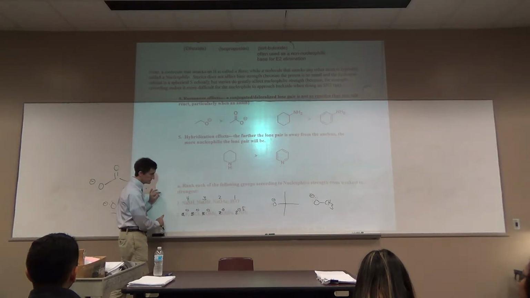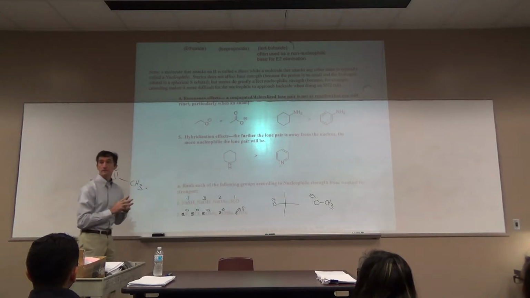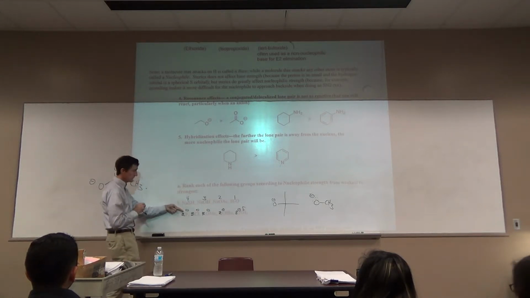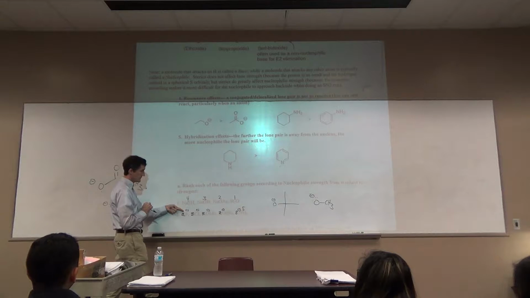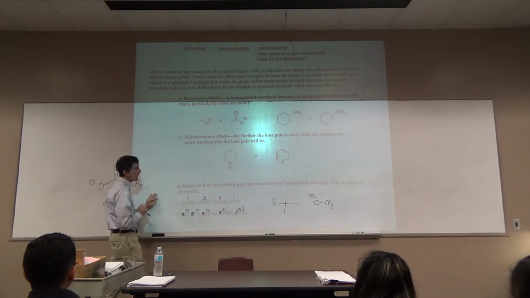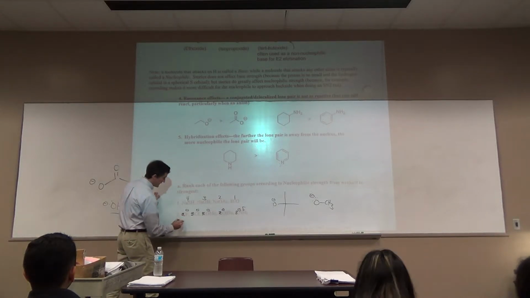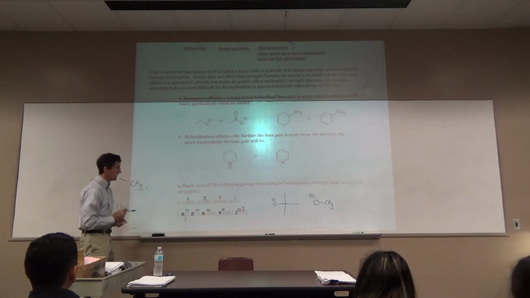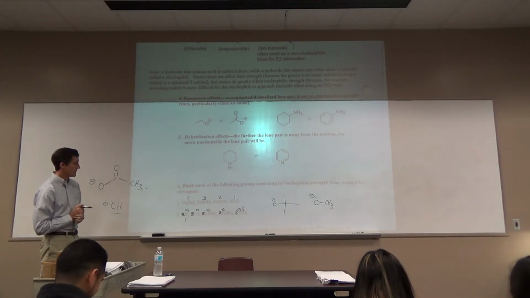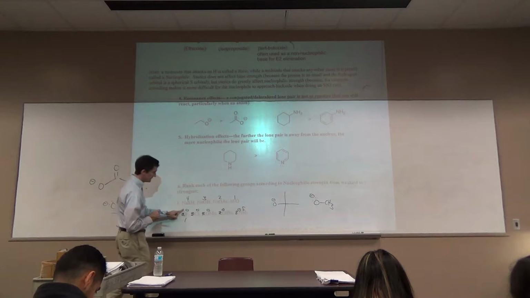F minus. F minus is a weaker nucleophile because its atomic radius is smaller. It holds the electrons tighter than Cl. I agree. The weakest up here is F minus. What's next?